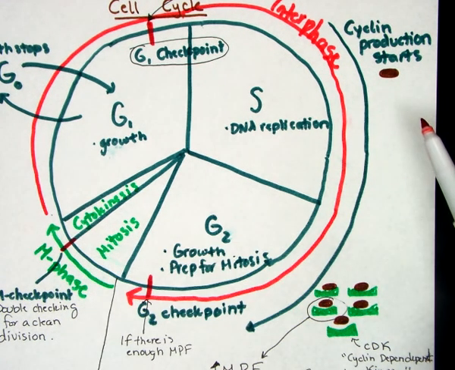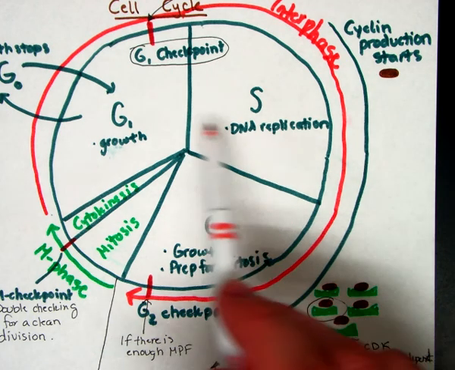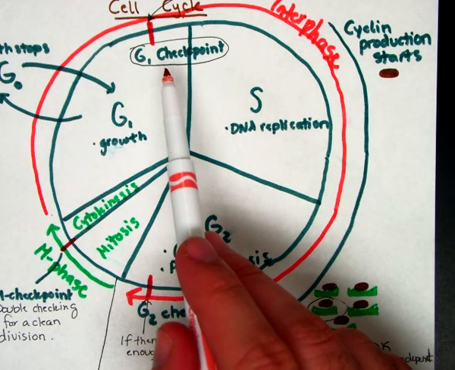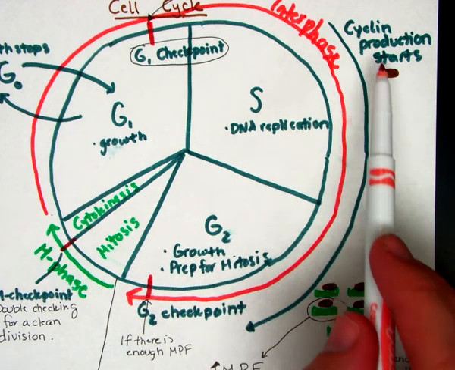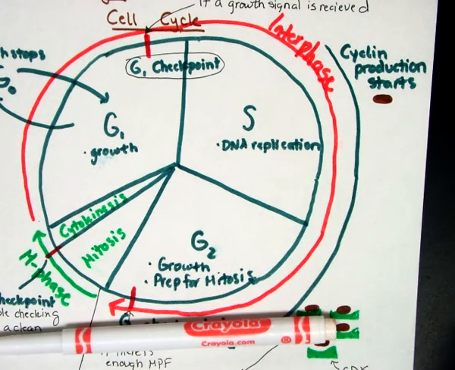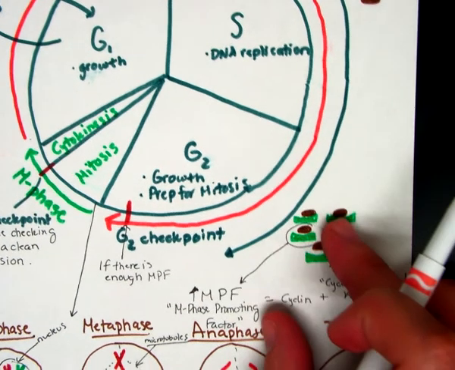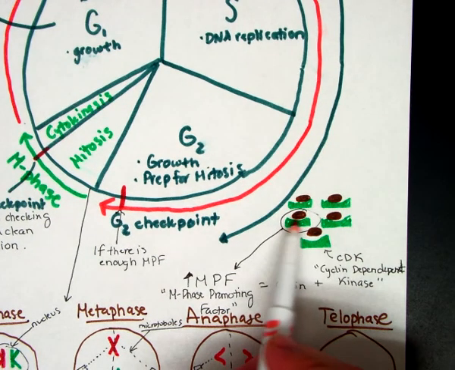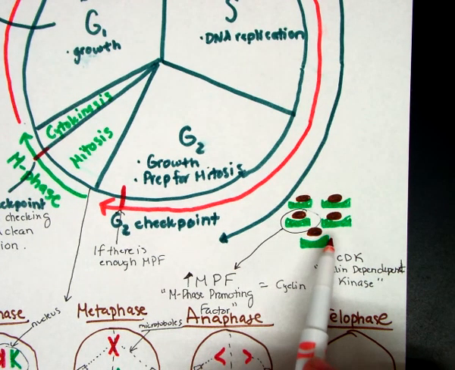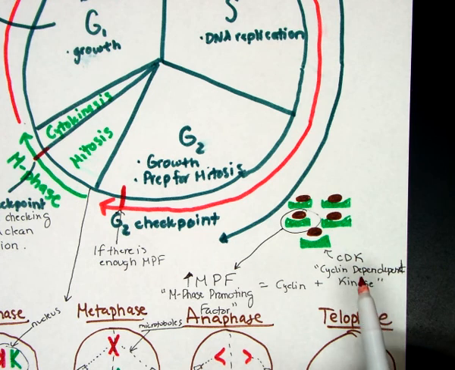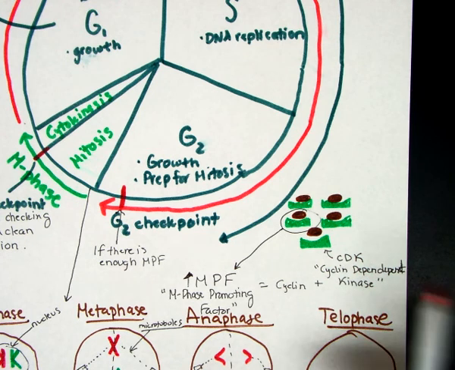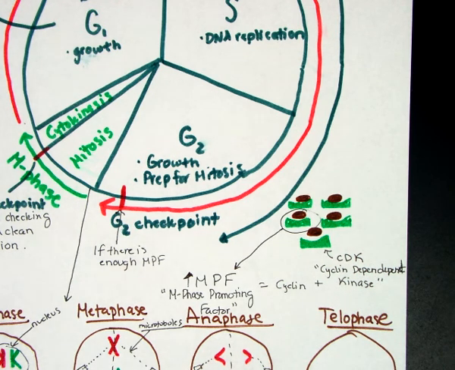So cyclin, in response to DNA replication and also that growth signal, starts being produced in the middle of the S phase. By the time they get to G2, cyclin has accumulated and starts to associate with something called CDKs, or cyclin-dependent kinases.